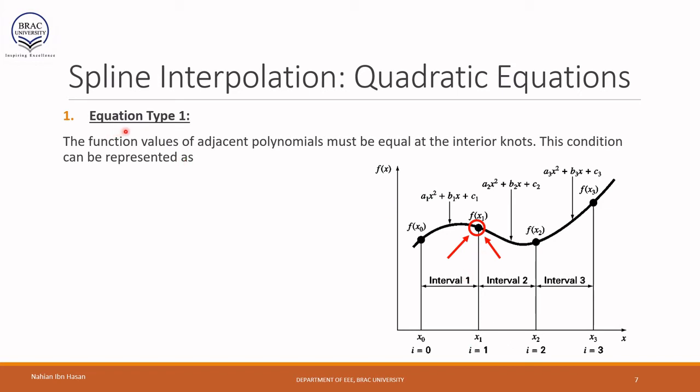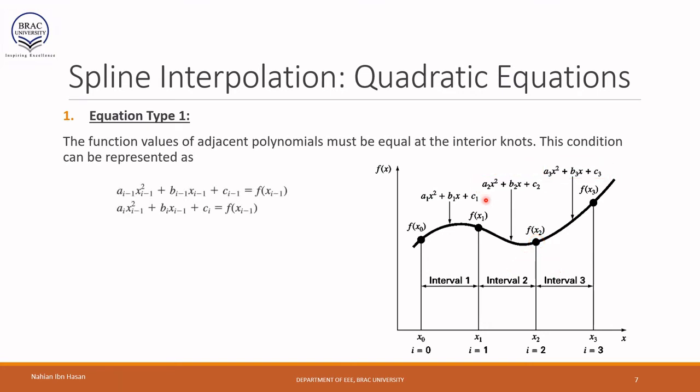So according to equation type 1, at this point x1 comma f of x1, these two curves, a1x square plus b1x plus c1 and a2x square plus b2x plus c2, are going to be equal. Similarly, at the second internal point x2, these two curves a2x square plus b2x plus c2 and a3x square plus b3x plus c3 are going to be equal.